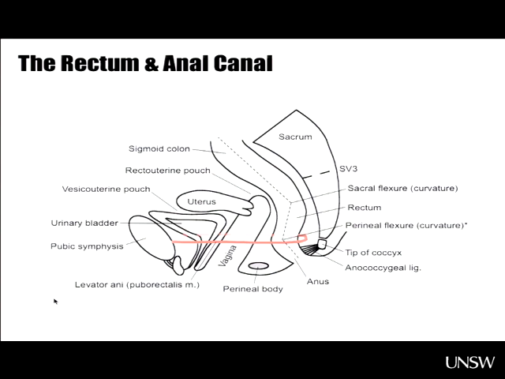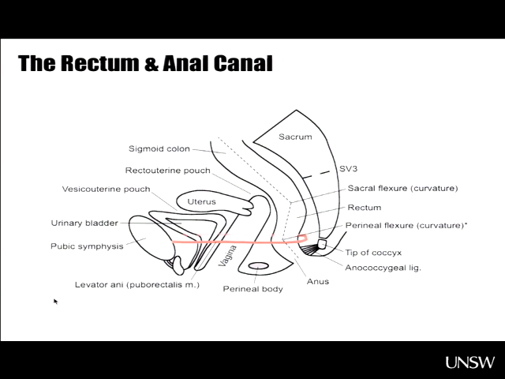You may be able to feel anything that's caught in the rectouterine pouch, so sometimes you get tumour cells depositing in the rectouterine pouch. Then towards the back, of course, you can feel the sacrum. There are many structures on the front of the sacrum, so you would have learnt about the piriformis muscle. There are lymph nodes palpable on the front of the sacrum, and there are some blood vessels as well. So you need to think about, what am I going to be able to feel when I do a rectal examination?